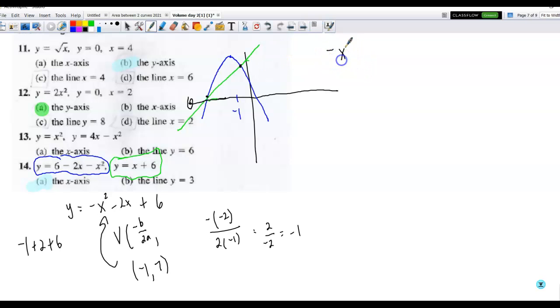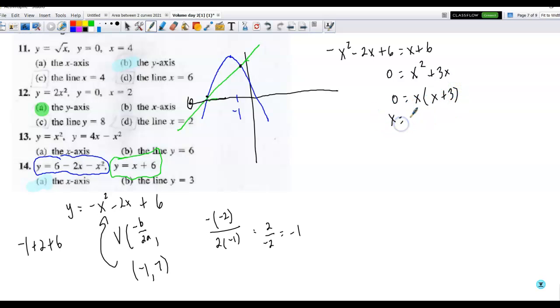So I have negative x squared minus 2x plus 6 equal to x plus 6. It's a quadratic, and I'm going to make it equal 0 by adding x squared to the right, adding 2x to the right, and subtracting 6 from both sides, which will make a 0. I'm going to factor x out of both terms, which will give me x plus 3.